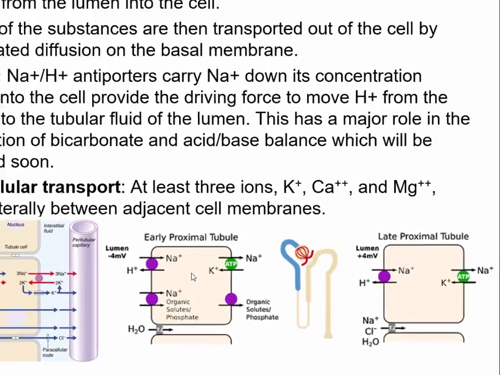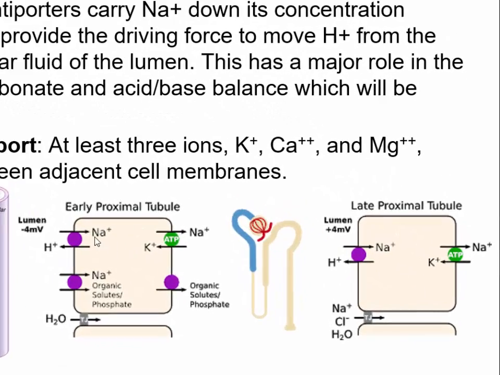Shown here in the proximal convoluted tubule cells, sodium is moving in, and it moves with other substances in the symport process. But in order to have sodium move down its concentration gradient from the lumen into the cell to power this symport, you have to keep sodium low inside that cell. The way you do that is by the sodium-potassium pumps seen here at the basolateral membrane.